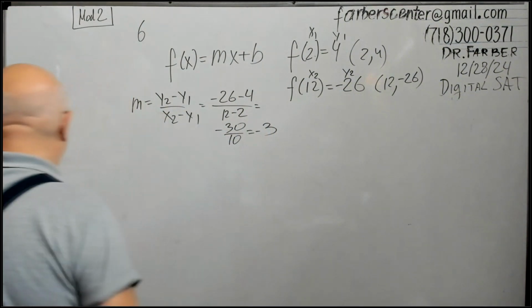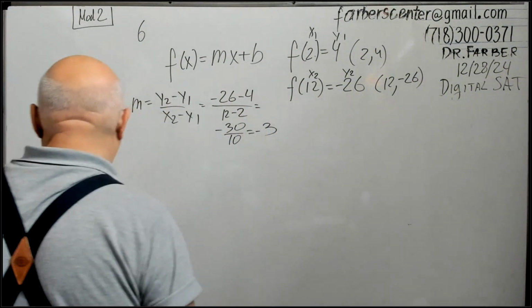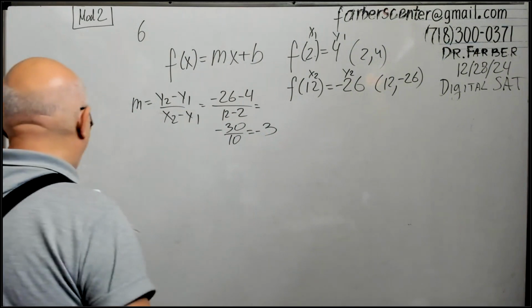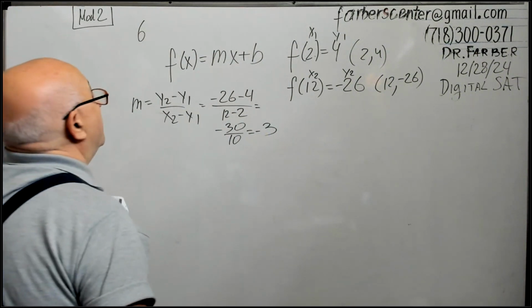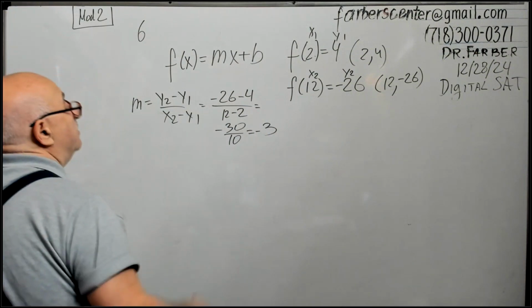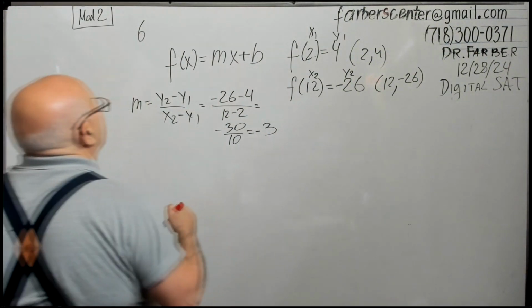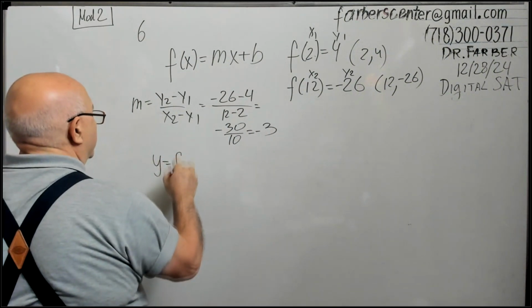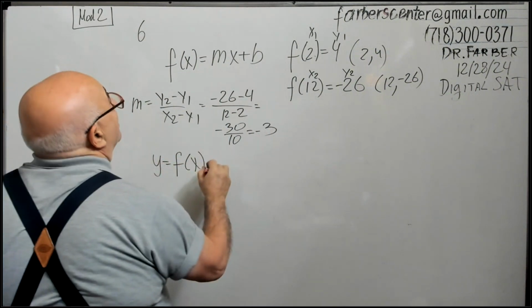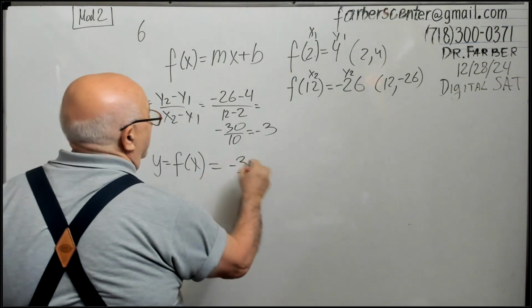So the slope of this line is negative 3, and you can write y equals f of x equals negative 3x plus b.